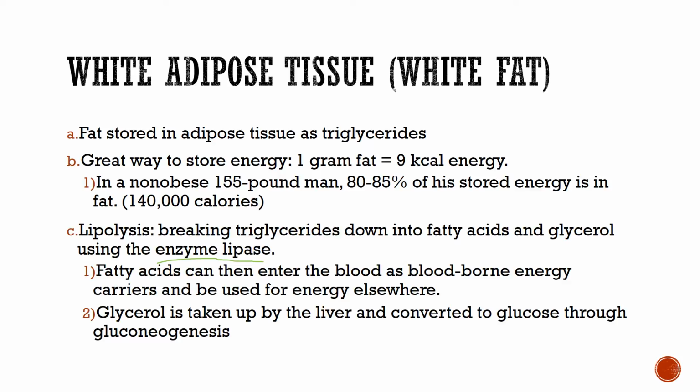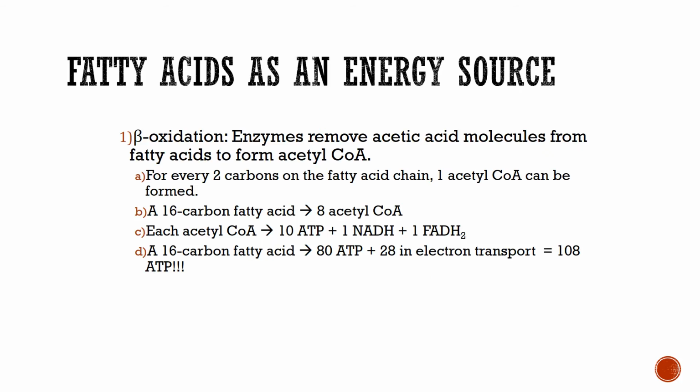Glycerol will be taken up to the liver and converted to glucose through gluconeogenesis. That way we can store any extra energy and have it on demand for later, for activities like exercising or being strenuous.